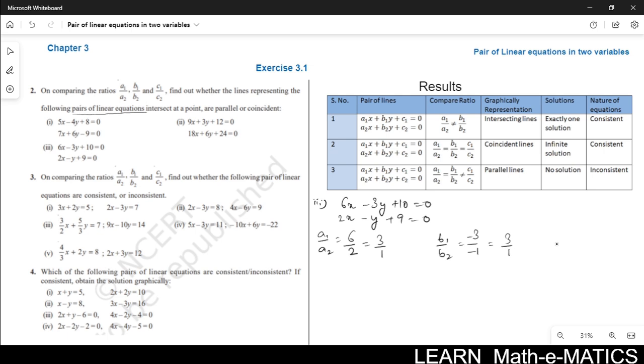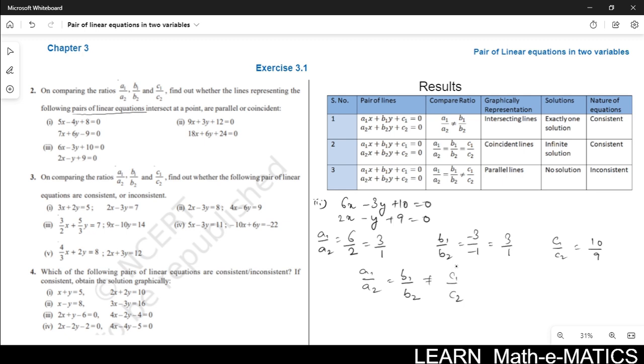Again 3 by 1. C1 upon C2 is the constant part, that is 10 by 9, which is the simplified form, right? So now compare these. The first two ratios are equal, that means A1 upon A2 is equal to B1 upon B2, but it is not equal to C1 upon C2, right? So after comparing we get this.